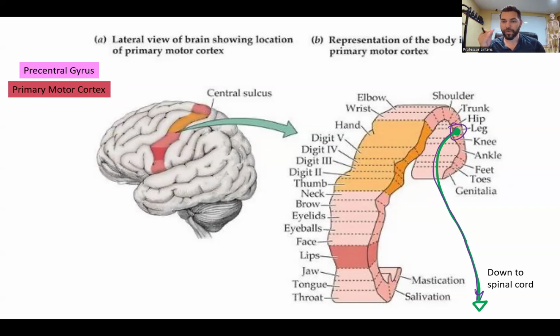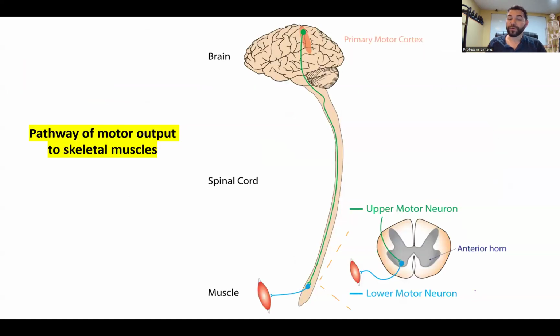out through the spinal cord to their various regions, whether you want to contract a muscle in your hip, leg, hand, etc. You will see in lab, but you probably won't see it yet, that there are two general neurons that are involved in sending these motor messages down from the primary motor cortex.